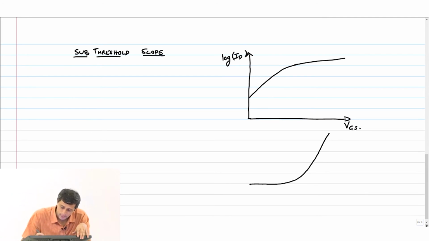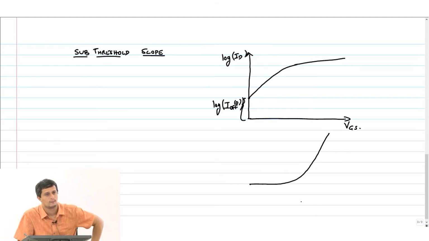So therefore, if you look at it, at VGS equal to 0, right, I do have some off current. This is my, maybe let me call it I of 0. The y-intercept will tell me what my log of I of 0 is. Okay, there is some non-zero current, and somewhere here is my VT.